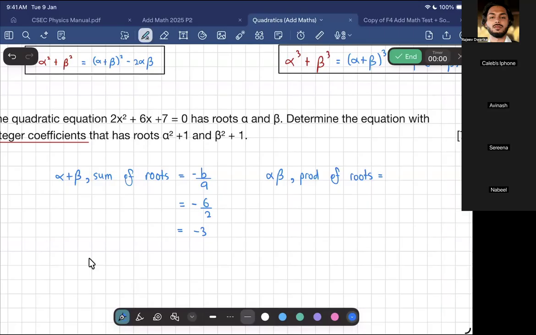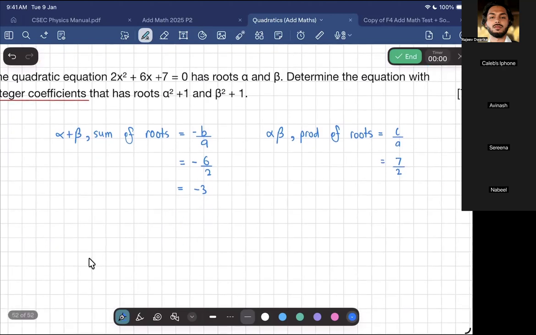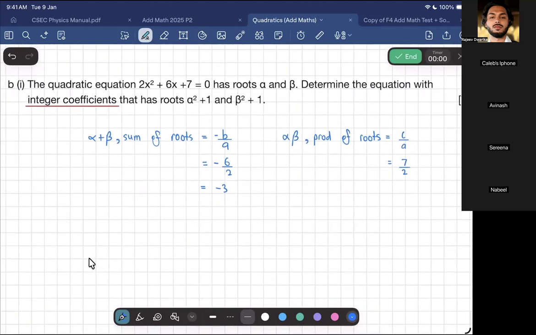C over A. Yeah, C over A, right? What is C and what is A? C is 7 and A is 2. Great. So guys, what we have here is the original sum and the original product.